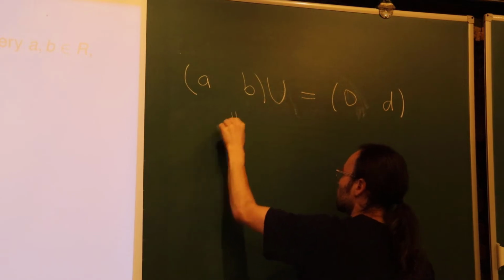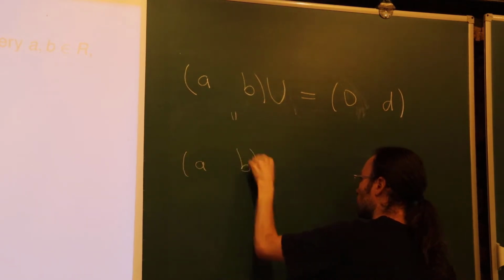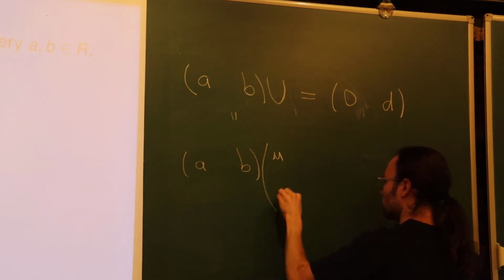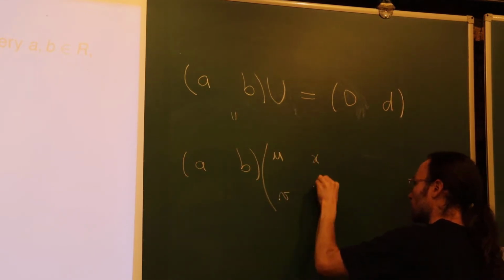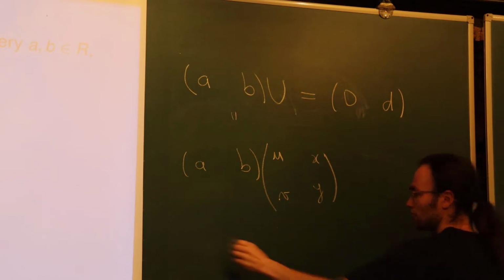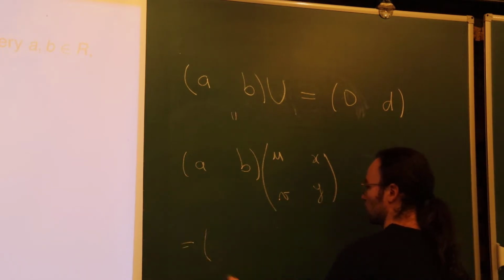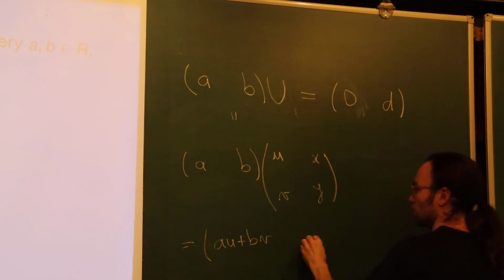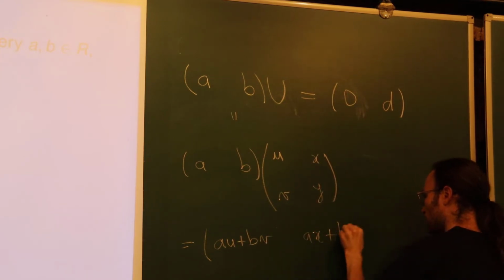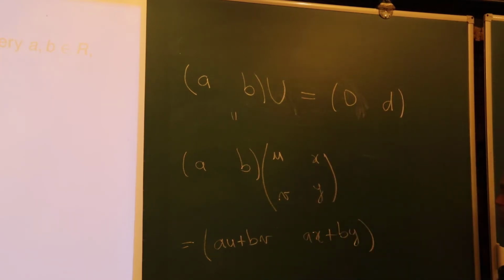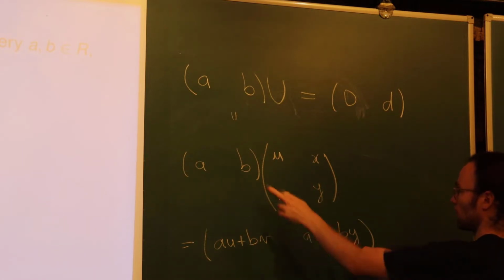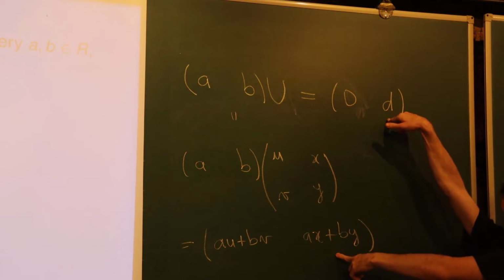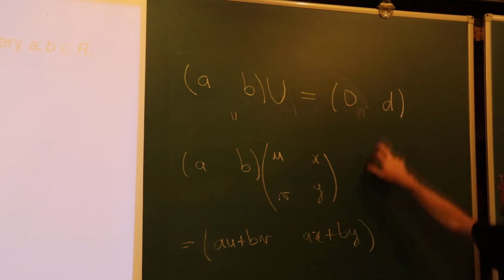So if you write what this full matrix is, we'll want maybe U, V, X, and Y. And so this is AU plus BV and AX plus BY. And so the relation that we have here is that AX plus BY is D, so this is really the extended GCD that you usually have.